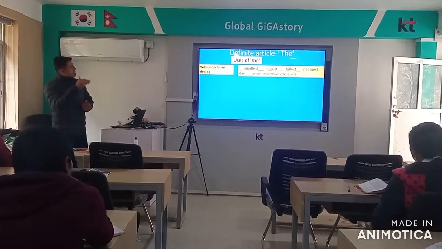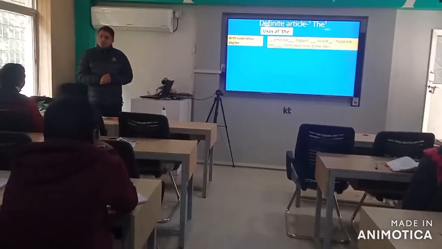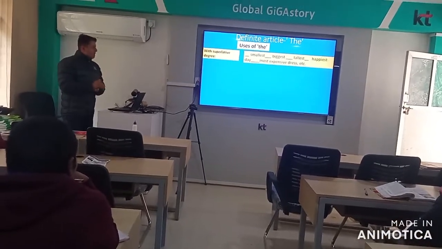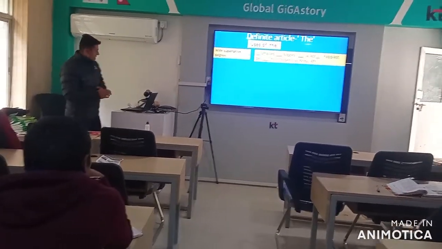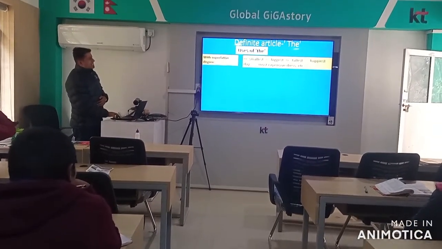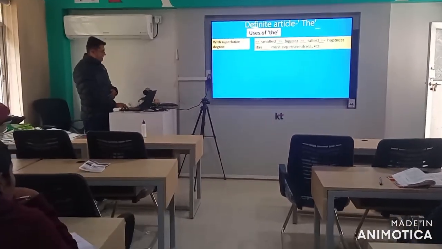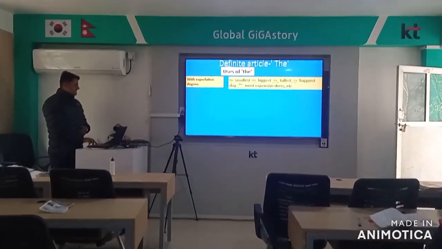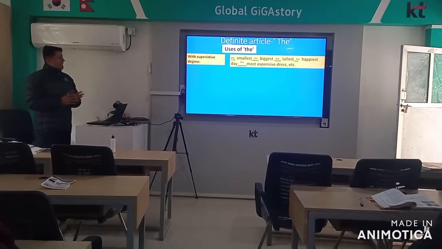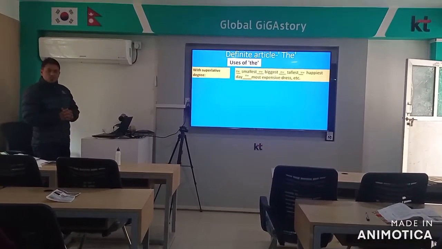So we use the smallest, the biggest, the tallest, the happiest, the most expensive dress. These are some examples of this rule.